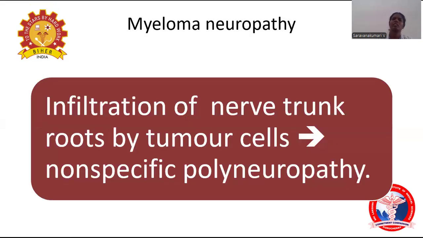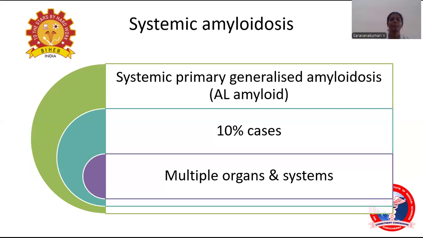Not only the involvement of the bone and kidney, the myeloma cells also infiltrate the nerves, that is, they infiltrate the nerve trunk roots, and it will produce a non-specific polyneuropathy.